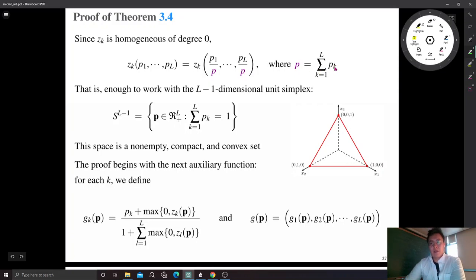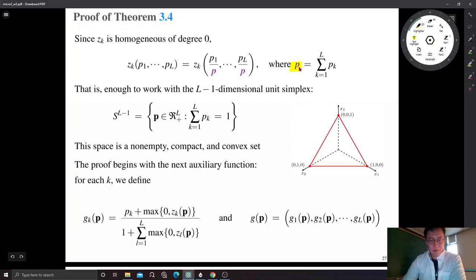So here, the sum of p_k over all goods, from k equals 1 to L. Let me call this price P. This is the sum of prices.